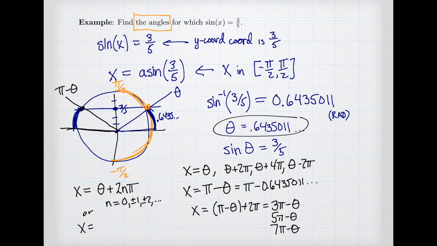They're odd multiples of pi, and so how do I get odd numbers? That would be the number 2n plus 1 times pi, odd multiples of pi, and then we subtract theta. And again here, n are all the possible integers. So there are infinitely many solutions to this equation, and I find one of them using a calculator, and then I get the others by thinking about the unit circle.